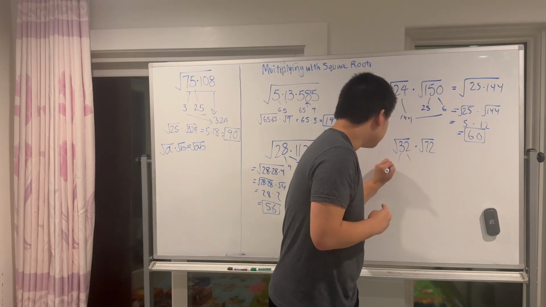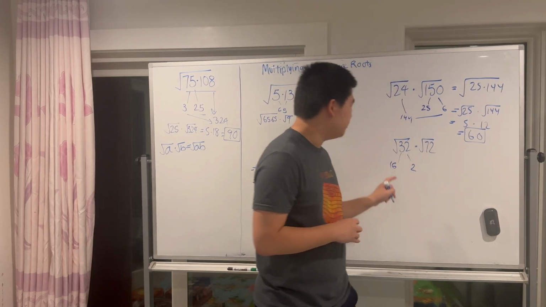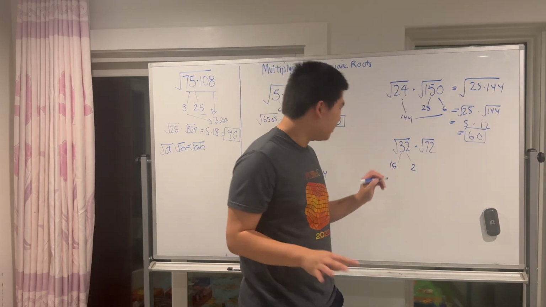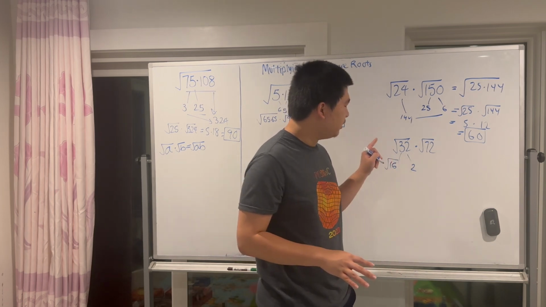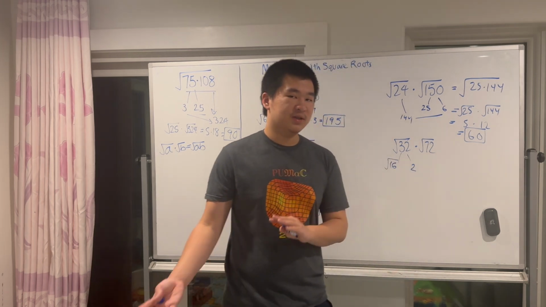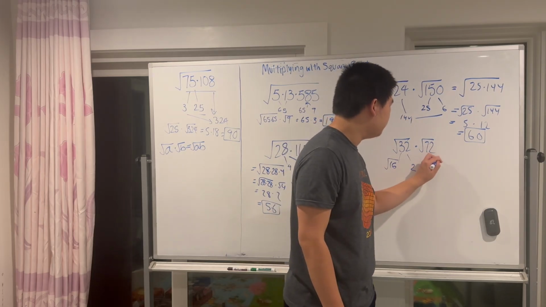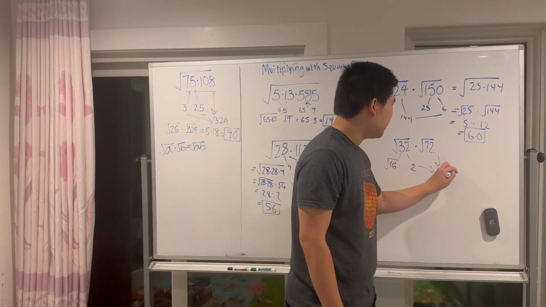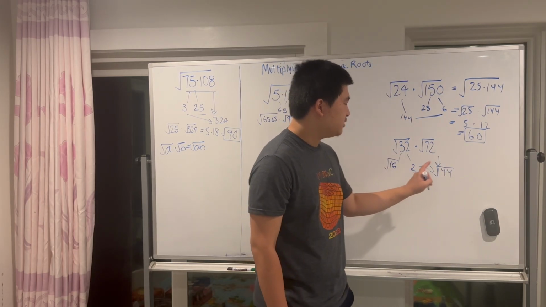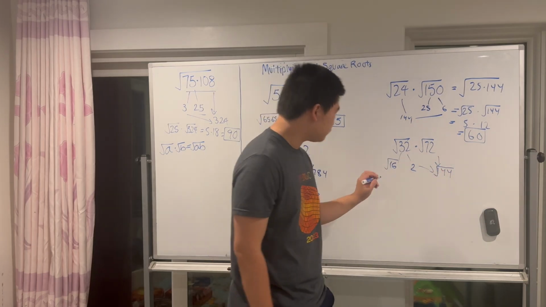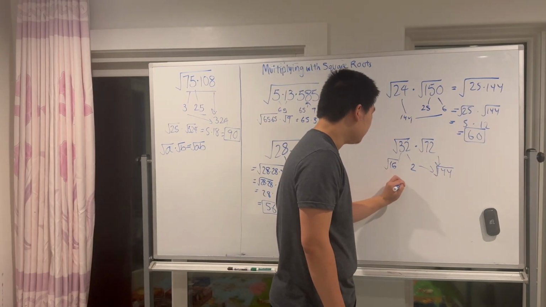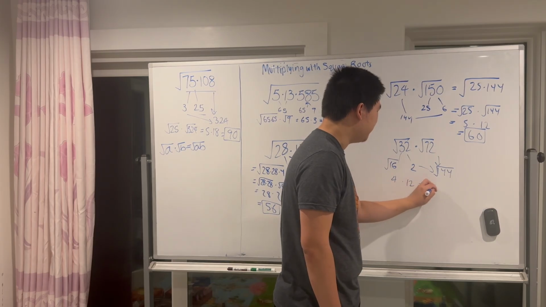So the 16 is a perfect square, so we've got that. Now we look at 2 and 72. 2 times 72 is 144. So we have the square root of 16 times the square root of 144. So we have 4 times 12, which is 48.